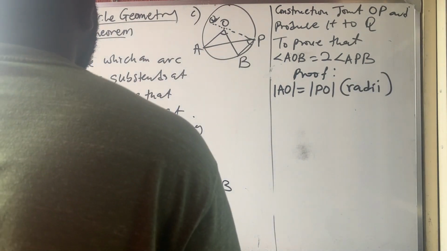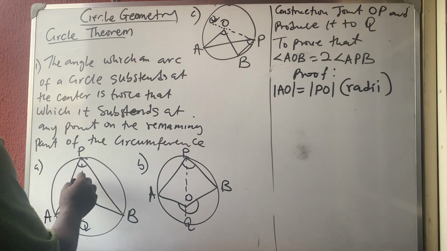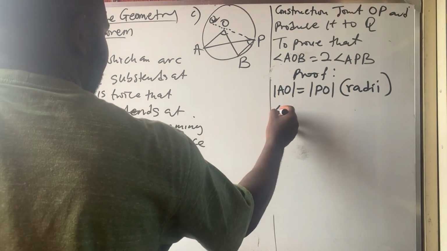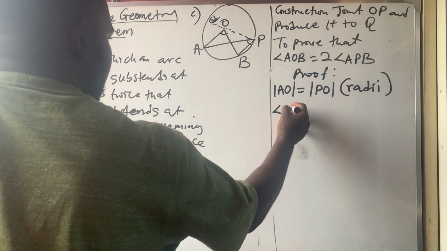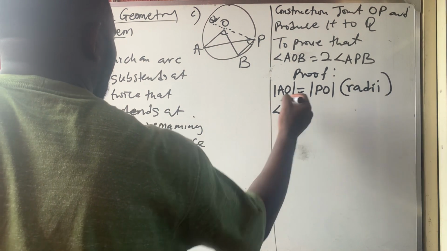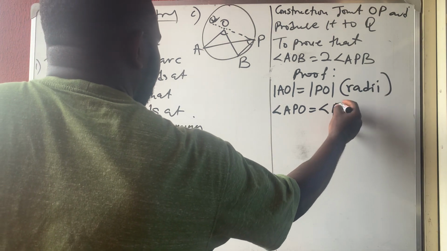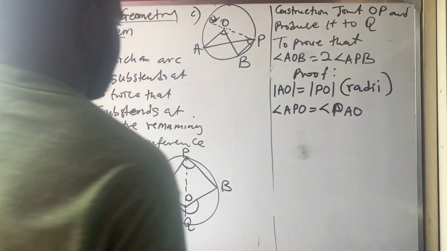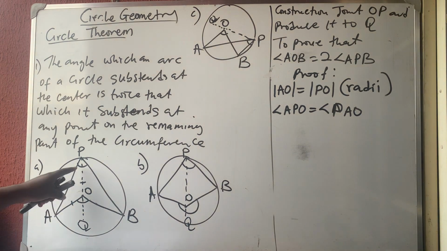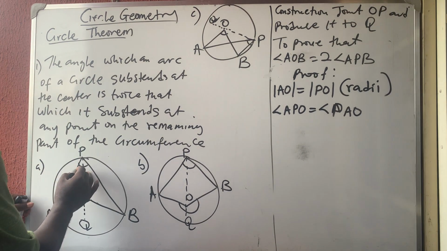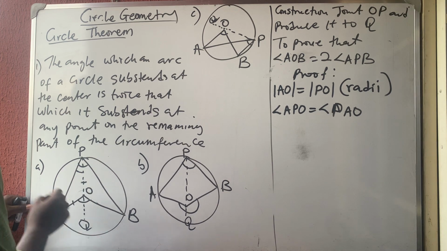Now, if they are radii, which means here is equal to here, do you know that automatically that angle APO is equal to angle PAO? Do you know that this small angle is equal to this small angle?